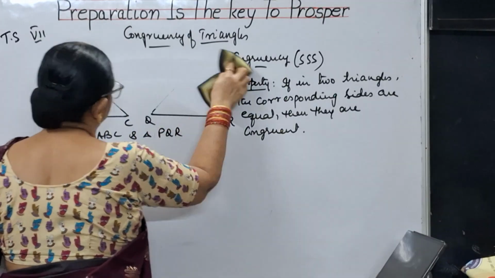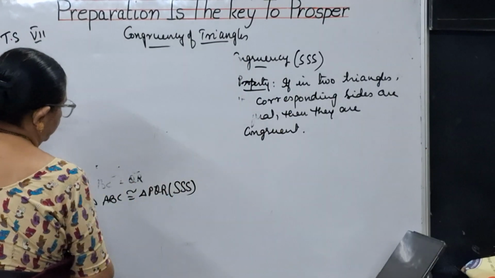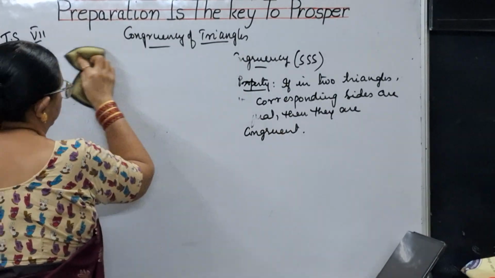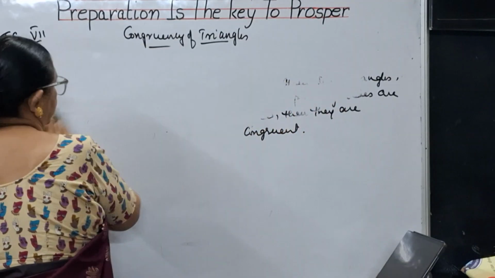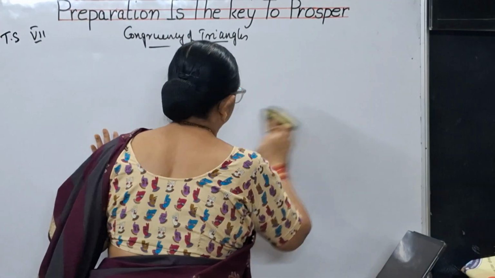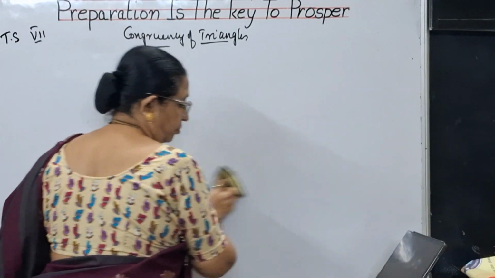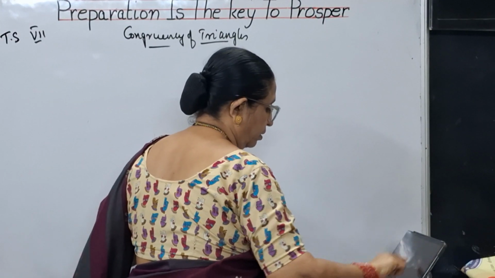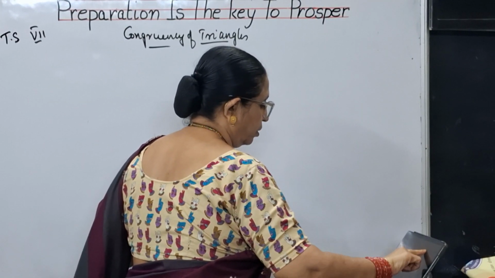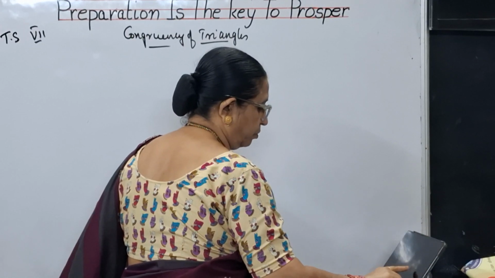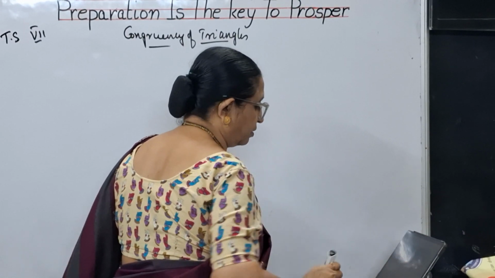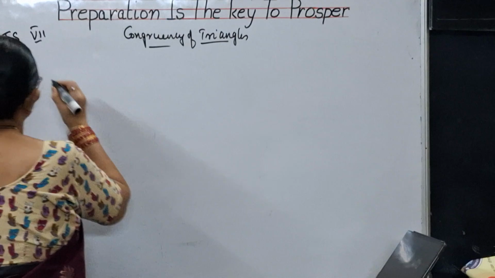Next, we will go to the next property. Now, before going to the property, you have an example problem, children.